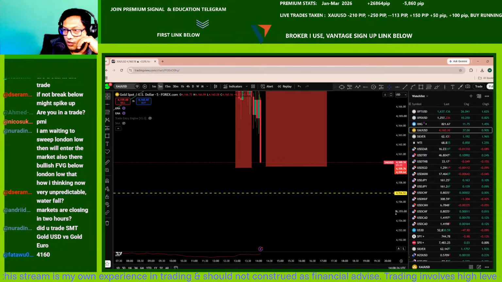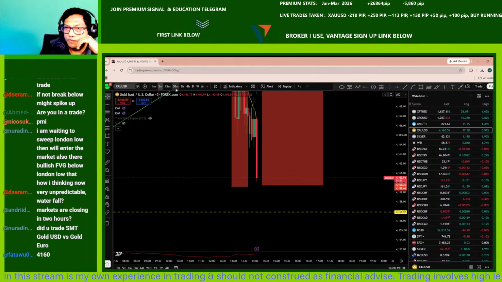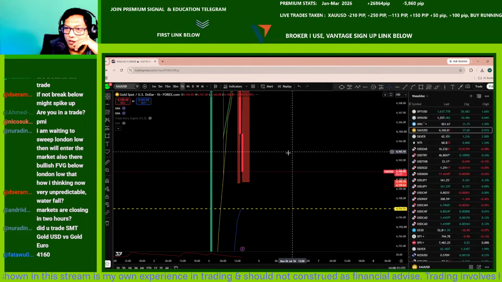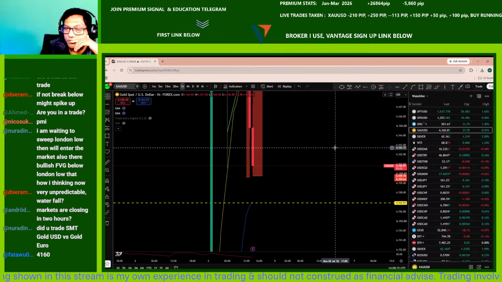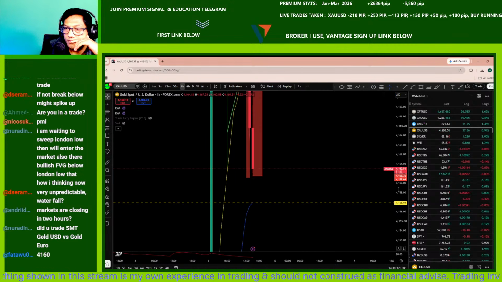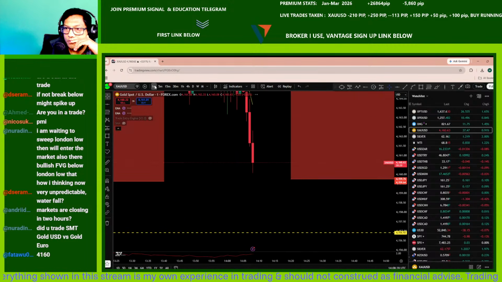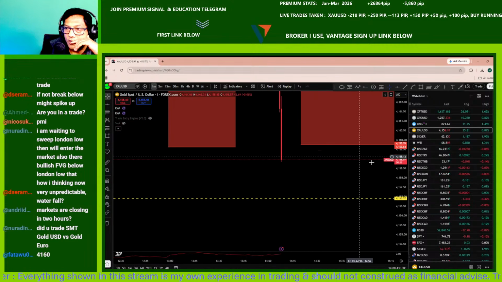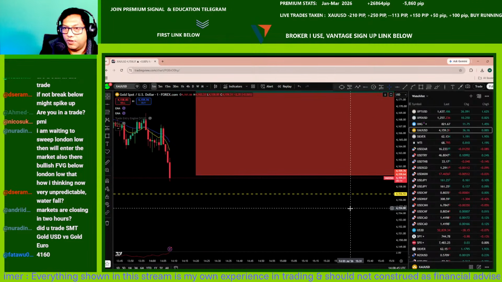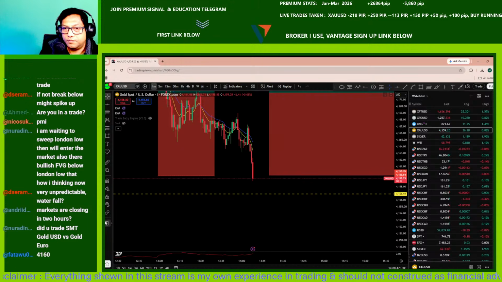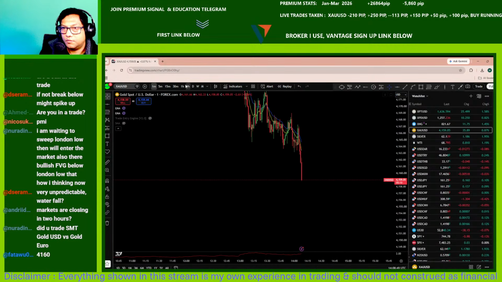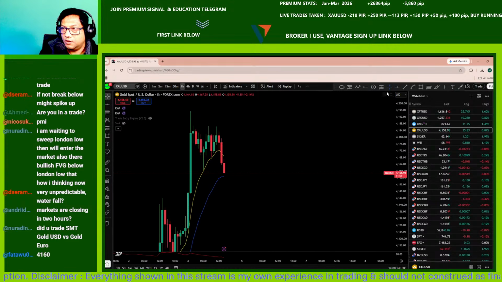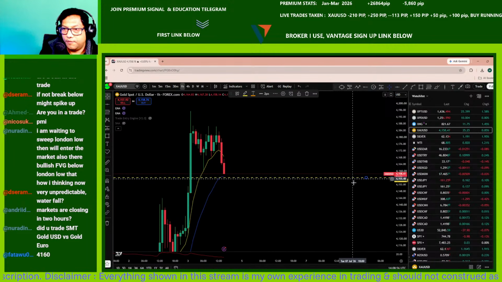Re-entry at 4156, we'll be looking to see after the 1 hour retest. Okay, will be re-entry below here from the 1 hour 20 EMA below.